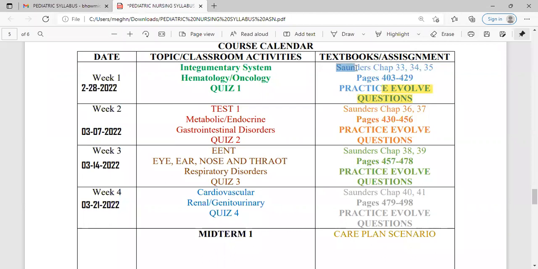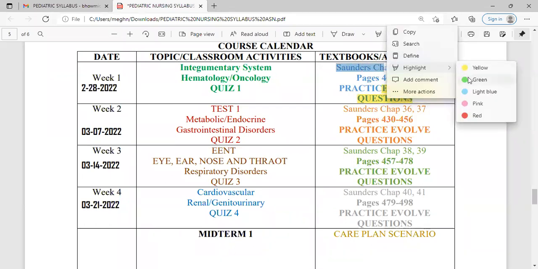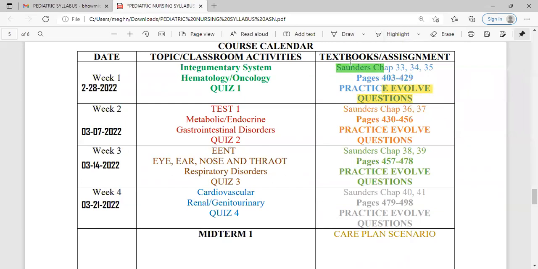When students have the book, we call Saunders, this is the textbook we follow. This book comes with a barcode or PIN number. By using that barcode or PIN number from the second page of this book, you can open an account online. This is called Evolve Question Bank.